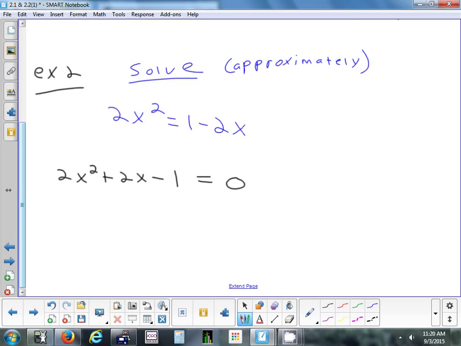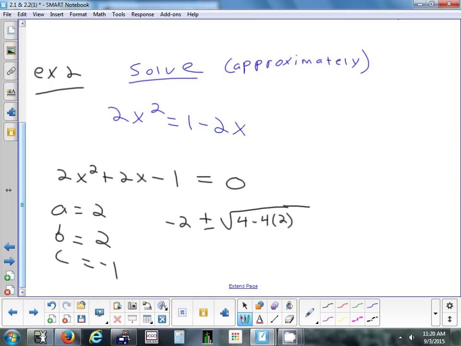Yeah, let's use the quadratic formula. So A is 2, B is 2, C is negative 1. We're going to fill in our quadratic formula. Negative b plus or minus the square root of b squared minus 4ac all over 2a.